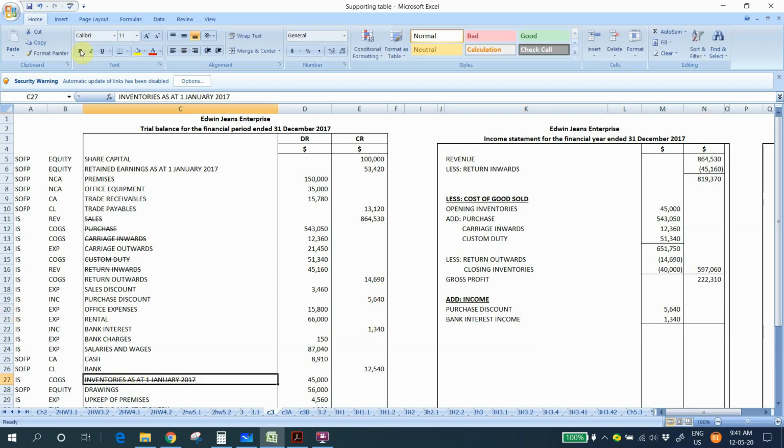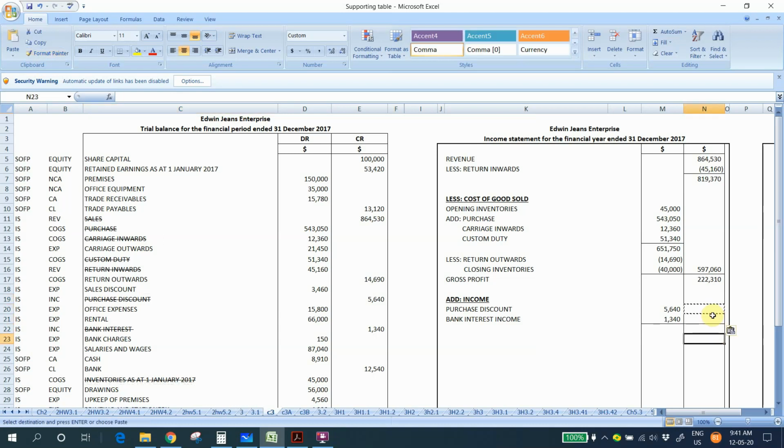Again, we strike through the bank interest income and also purchase discount. So your total income is 6,980.